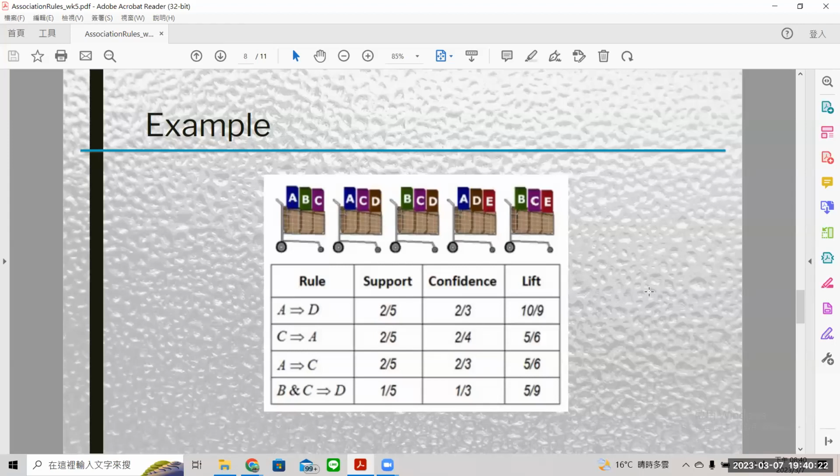And how many cases does A to D hold? 1, 2. So 2 divided by 3. Is that clear? Later, all the computation is just like this, but it will be done by the Python program. So don't worry.